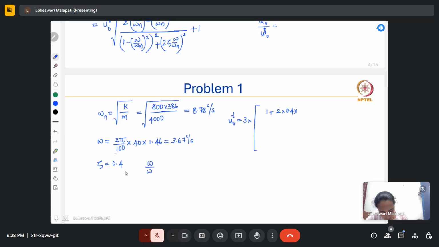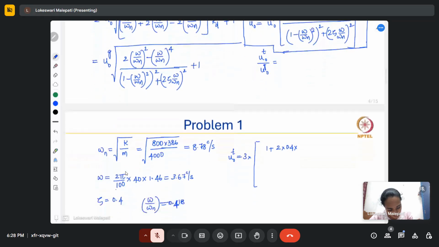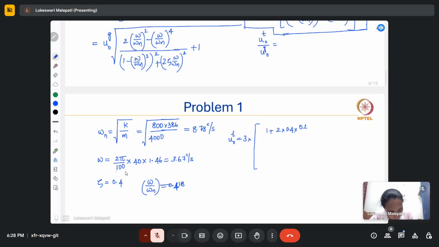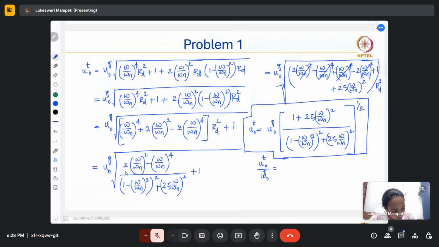Let's find out the omega by omega n ratio. 3.67 divided by 8.78. So 0.418. 0.418 the whole square. So the square is for the whole thing, not just for this omega by omega n.